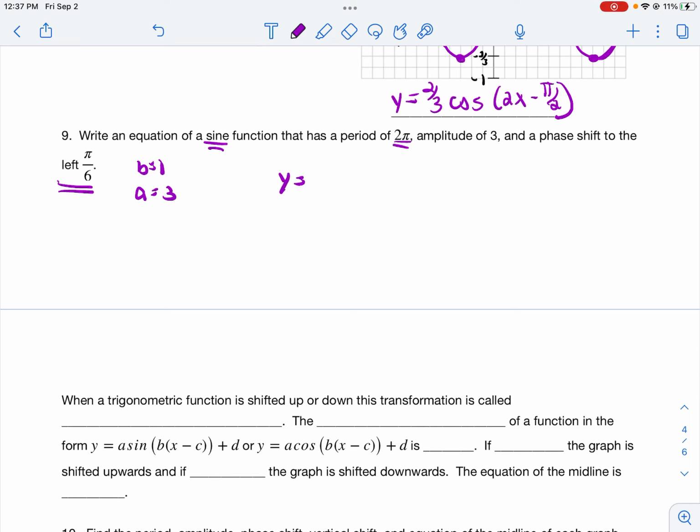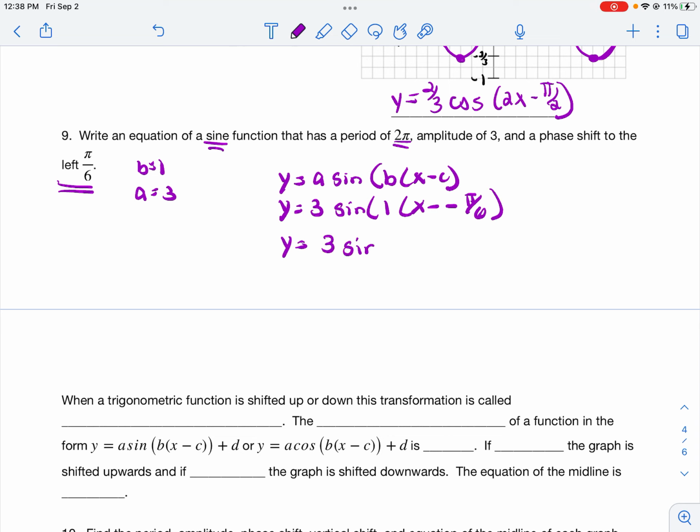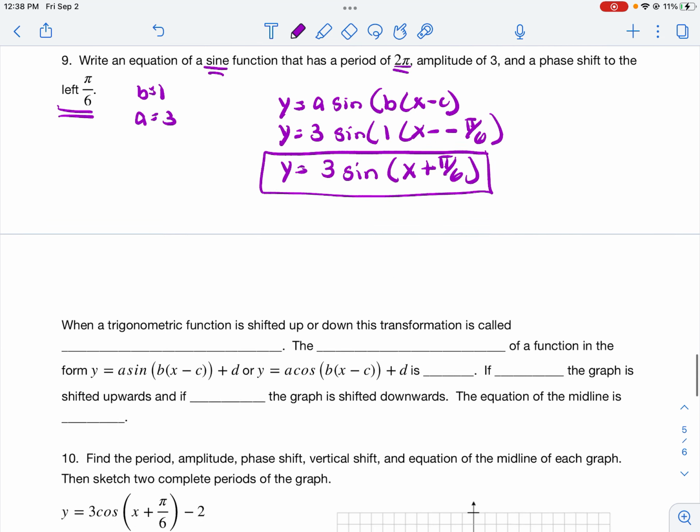So now we have figured out the three letters A, B, and C. I know A is 3, B is 1, C is left, so negative, so minus a negative pi over 6. That gives us the equation 3 sine of x plus pi over 6 in simplified form. And that's the equation that meets those characteristics.